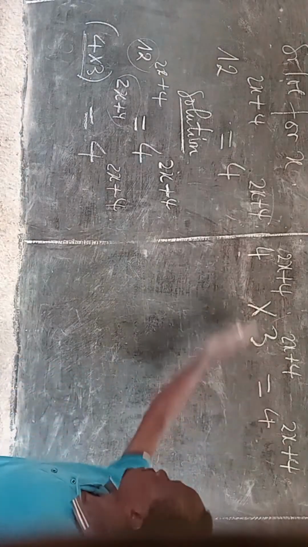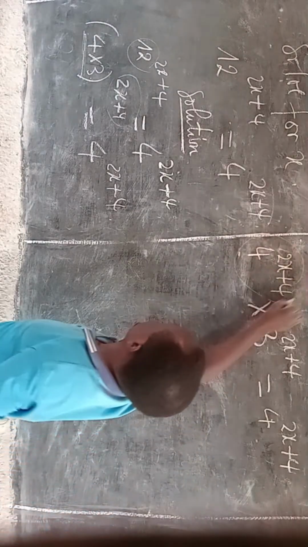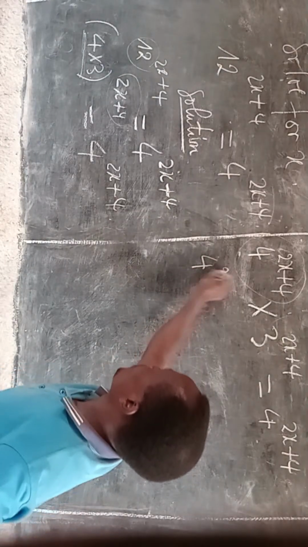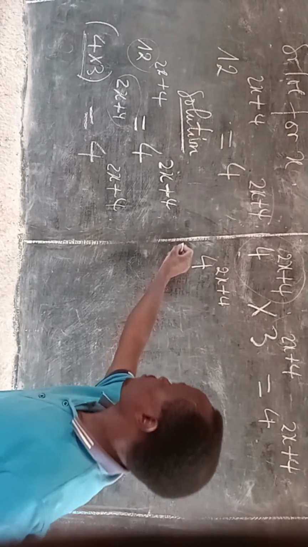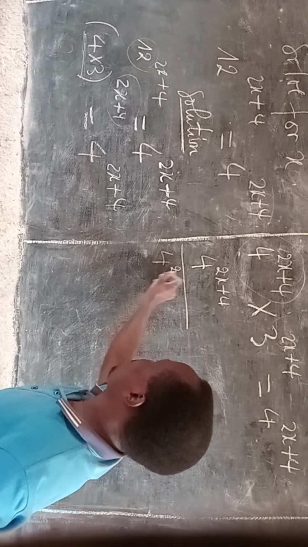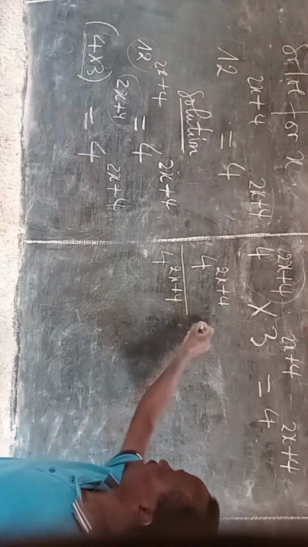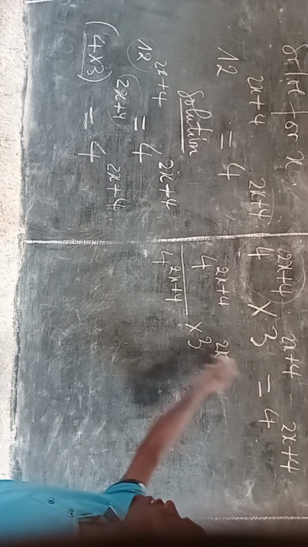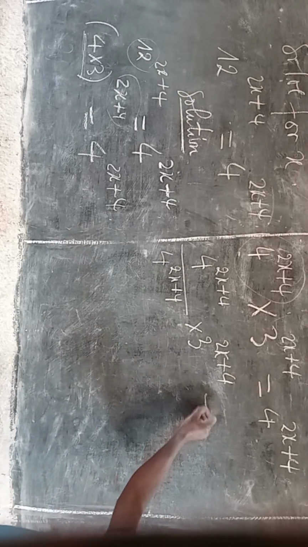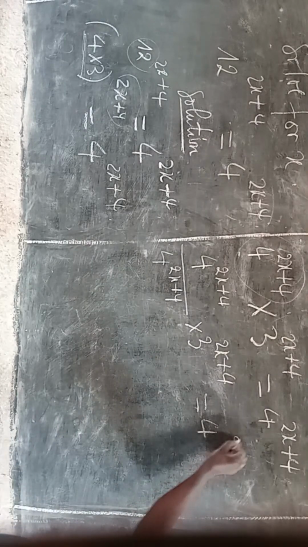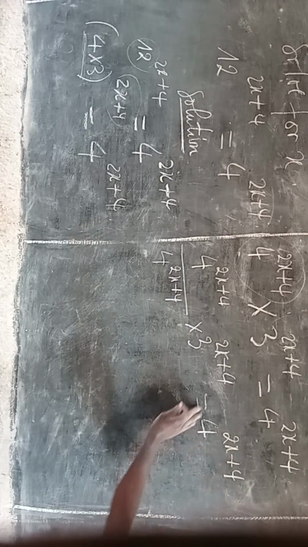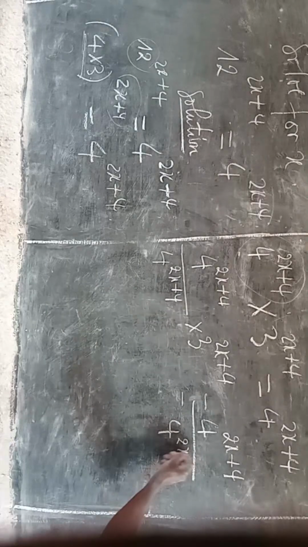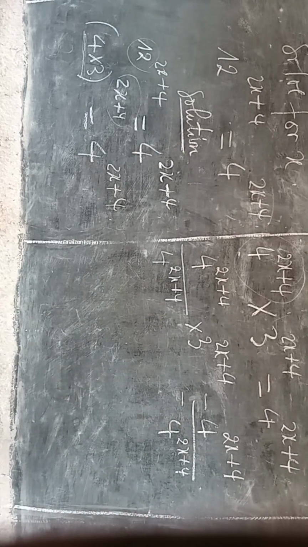Now we are going to divide both sides by 4 power 2x plus 4. So we take 4 power 2x plus 4 times 3 power 2x plus 4 over 4 power 2x plus 4, which is equal to 4 power 2x plus 4 over 4 power 2x plus 4.